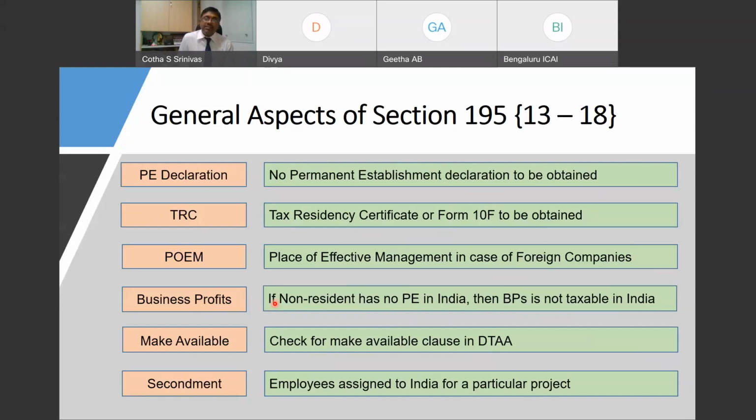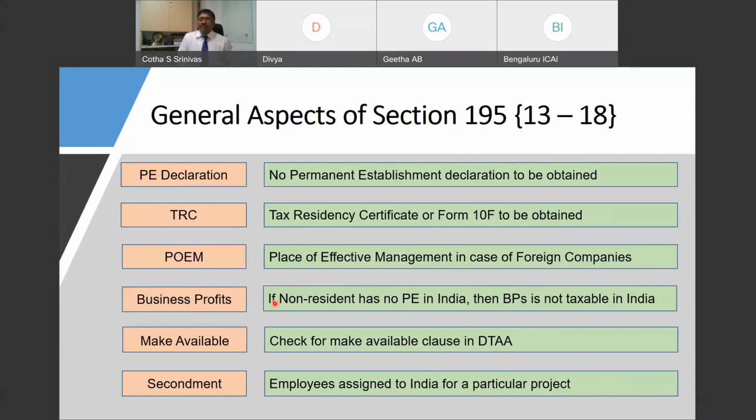If India wants to do a particular project and doesn't have the required skilled employees, but in country A those employees are there, then country A will send those employees to India for rendering services for that project. This is called secondment.